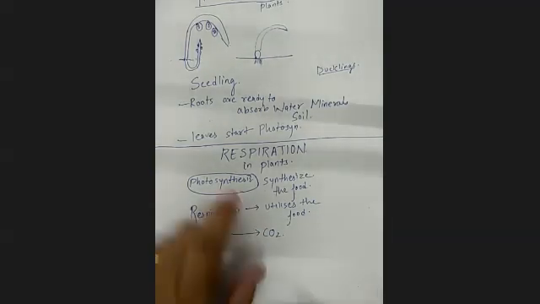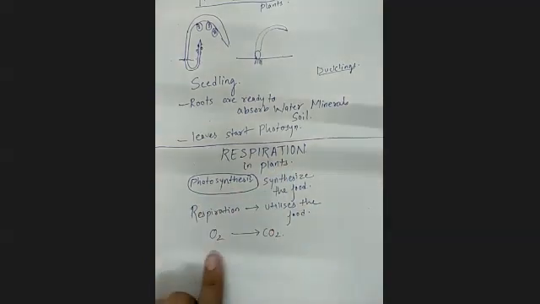But when it respires, the process is reversed. It also utilizes oxygen and then releases CO2. But this CO2 is not released directly into the environment. It is not like us, the way we respire; it is something different in plants.